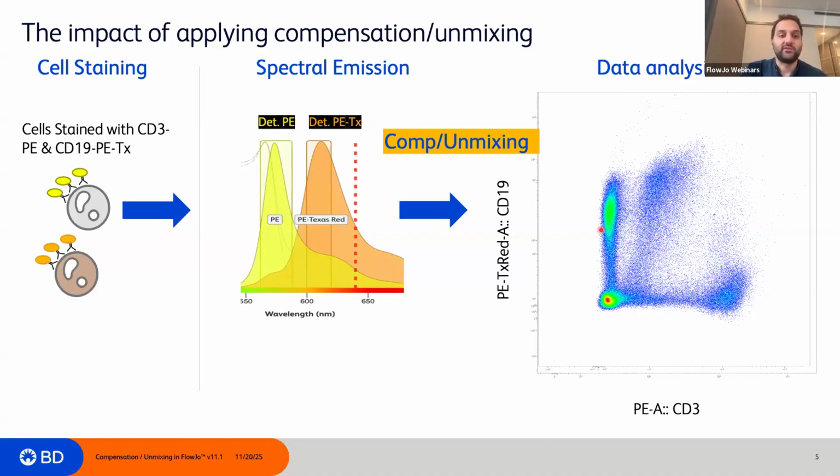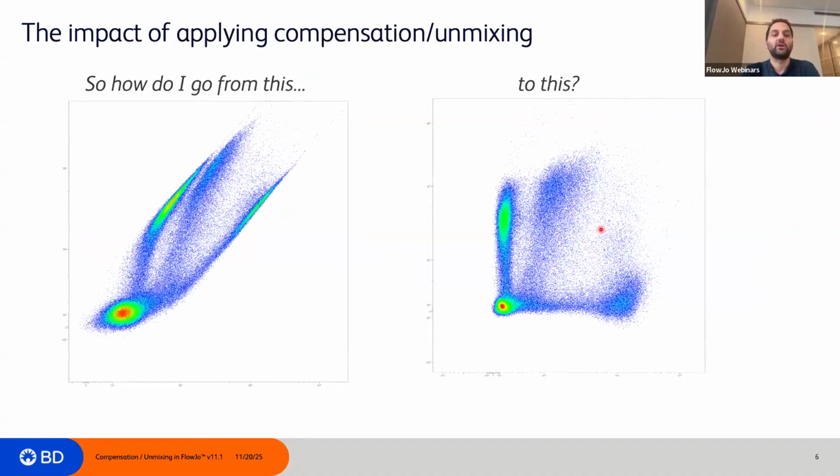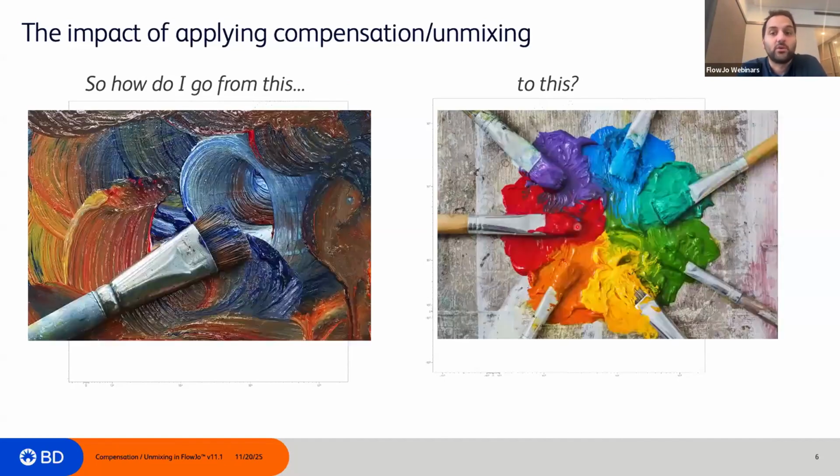Okay, so if you think of it in a different, more artistic way, applying compensation or unmixing is basically going from something that we see on the left here into something on the right. You can think of it as a colorful painting with all the colors mixed up together.